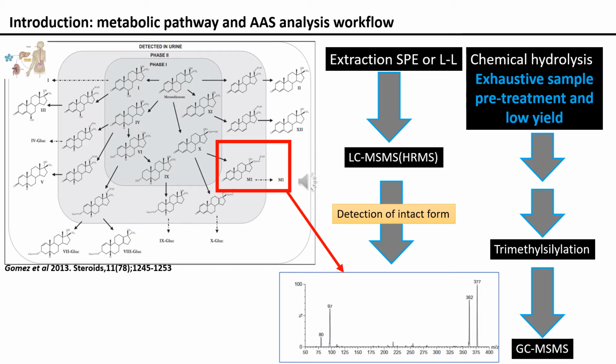But usually the tandem mass spectra of phase 2 metabolites provide few fragments ions only. Then the reliability during the identification process for these metabolites might be compromised.